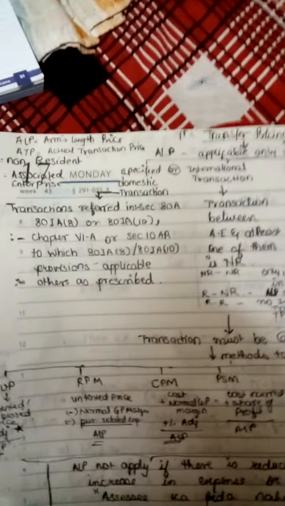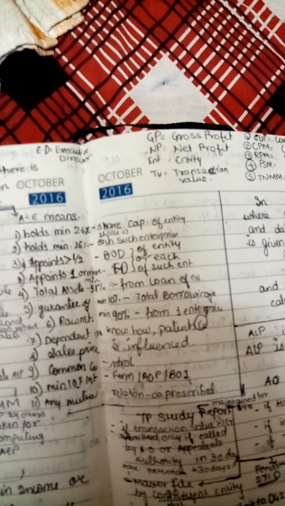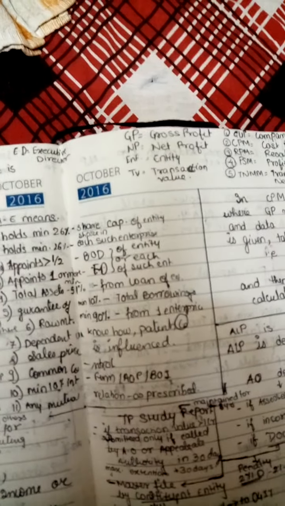TP is for transfer pricing, ALP is for arm's length price, ATP is actual transaction price, NR is for non-resident, AE is for associate enterprise, and ED is for executive directors, GP is for gross profit, NP is for net profit, ENT. is for entity, TV is for transaction value, and there are some short forms of the methods which we use to calculate ALP.